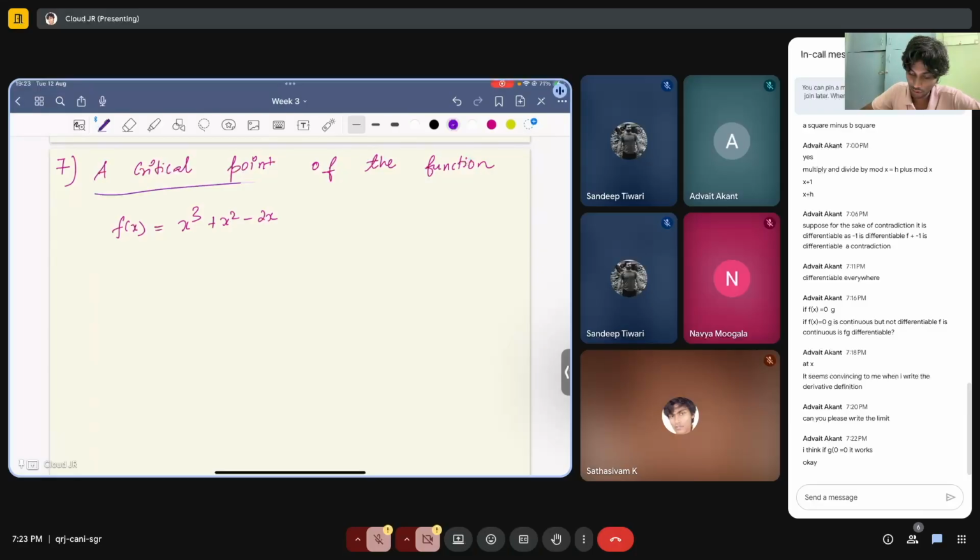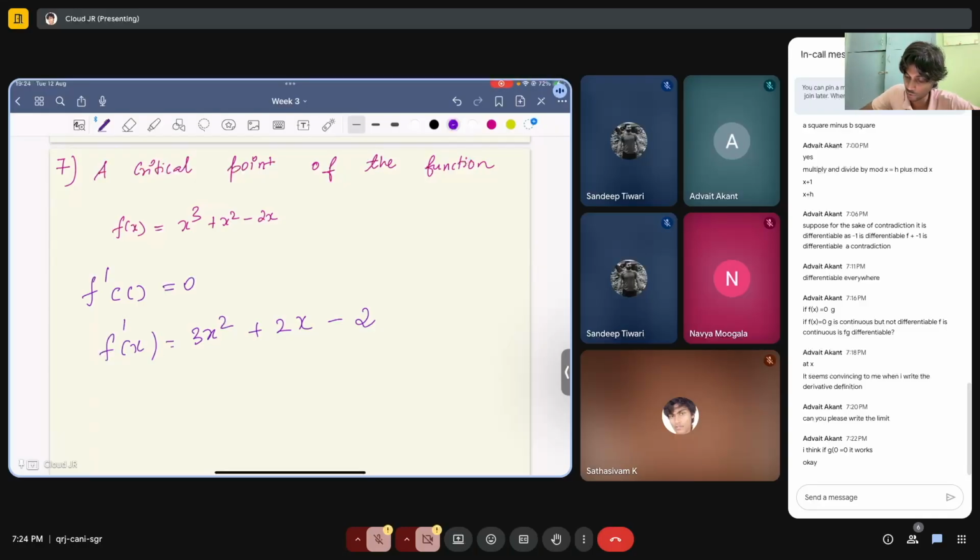Okay, so let's try this problem. Here you want to find the critical point of this particular function, right? What is the critical point? A critical point is the point c such that f dash of c is equal to 0, right? So let's take this function and find its derivative. The derivative is 3x square plus 2x minus 2.